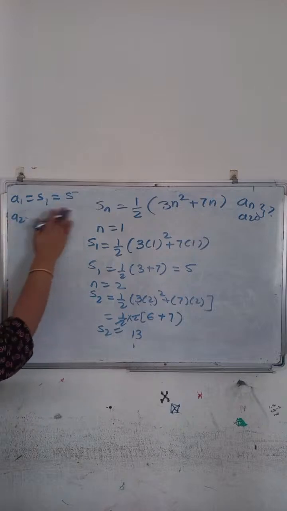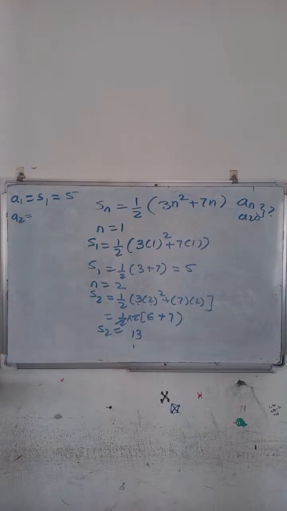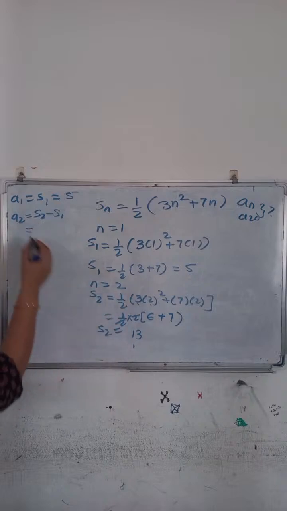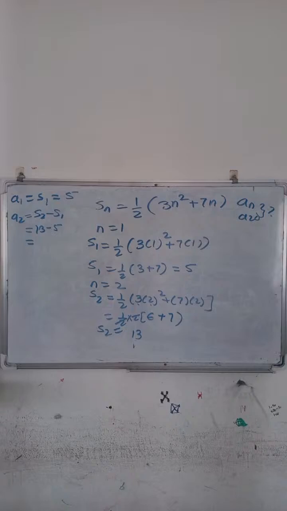Not S2, A2 means S2 minus S1. S2 we have 13, minus 5. So 13 minus 5, how much will you get? That is 8. So from this, you got the first term as 5, the second term as 8, and so on.